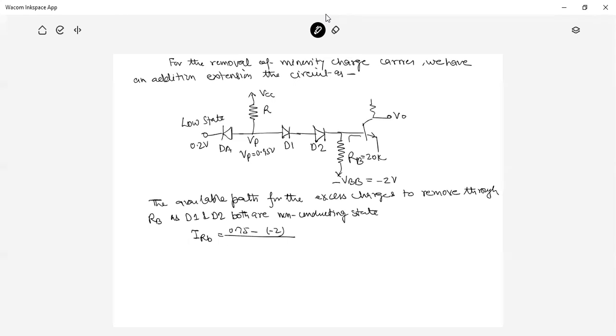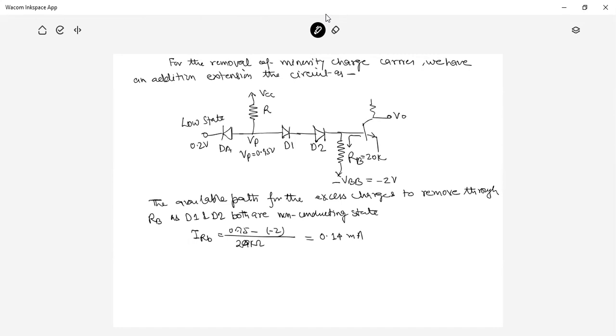So this will provide a path for the excess minority charge carriers. This is 4 kilo ohm, this is 20 kilo ohm, so the value is 0.14 milliampere.